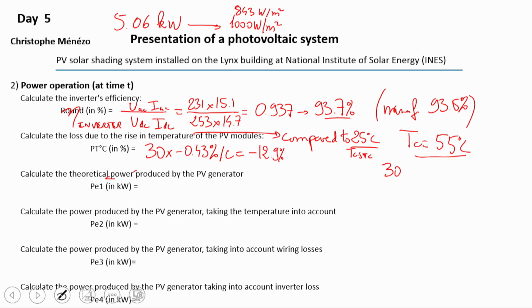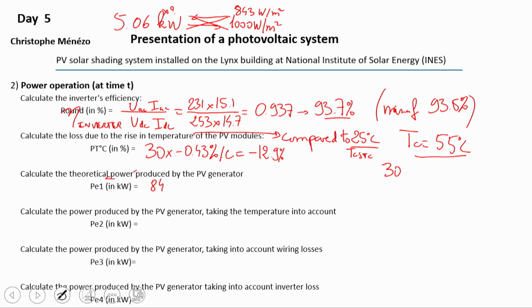Okay, so what is here? The power is theoretical because I have not 1000, I have 800, and so the theoretical power is, I make a cross product, okay? This multiplied by this, and this multiplied by this.